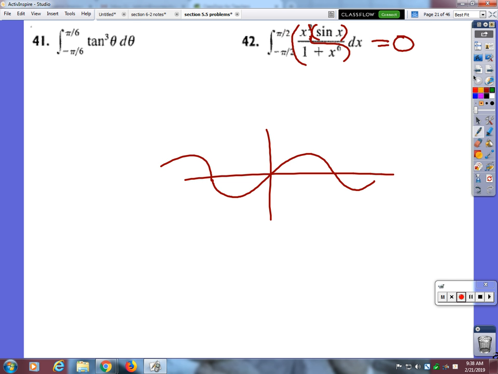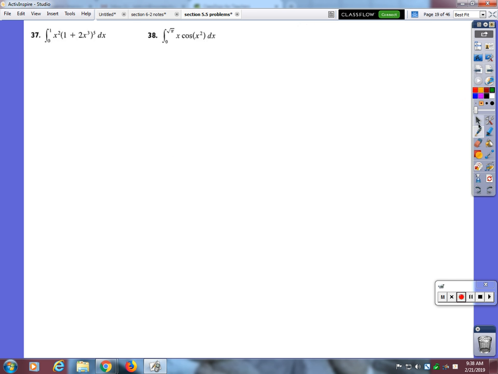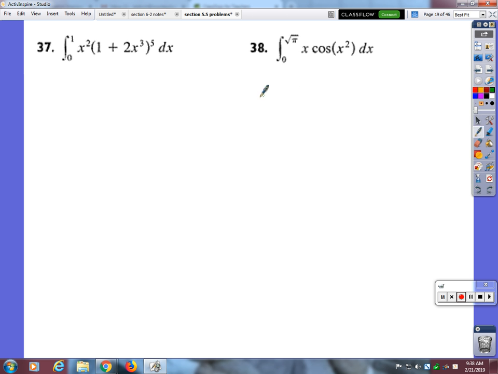38. What does u equal? Just x squared. What's du? And then you need to change that into du over 2 dx, right?